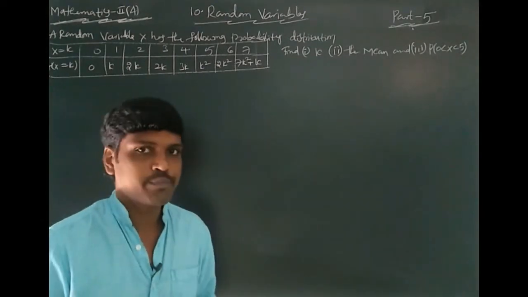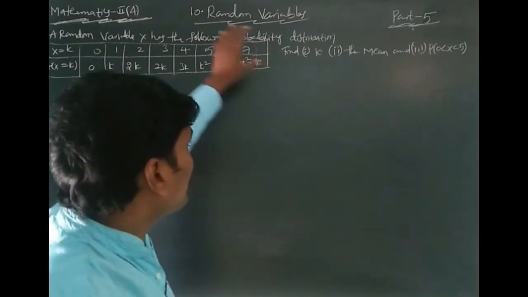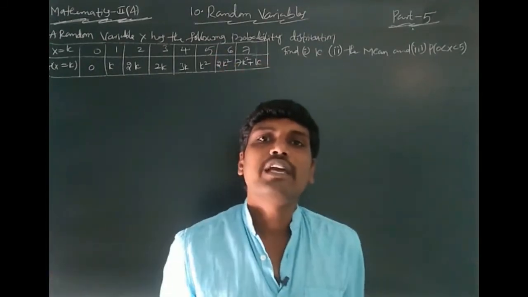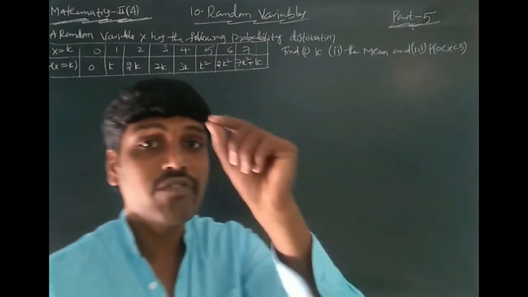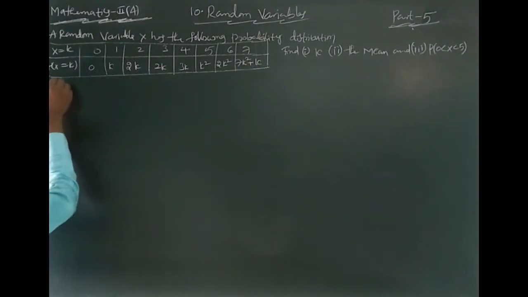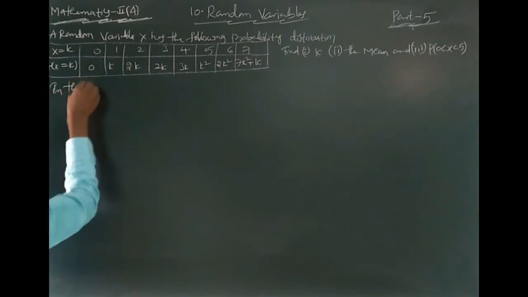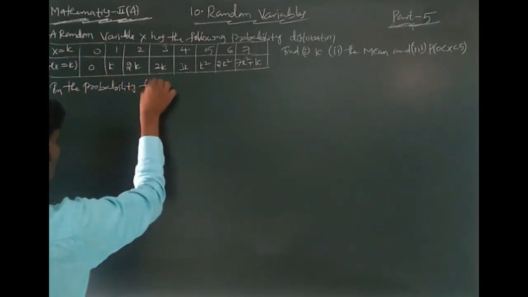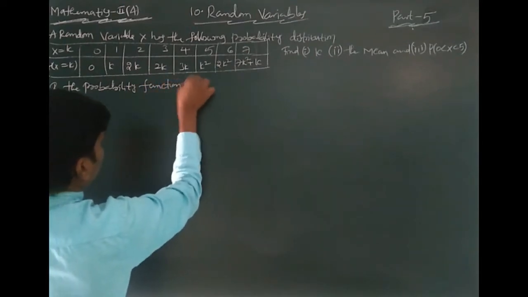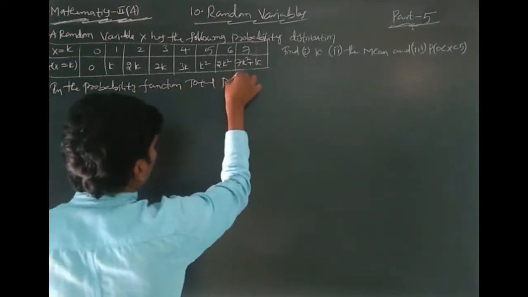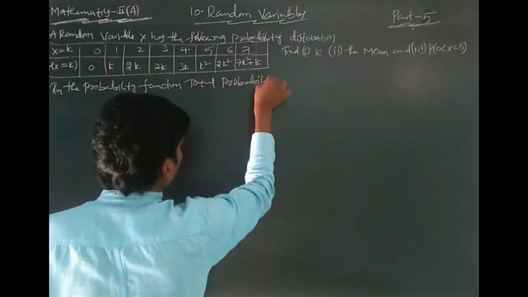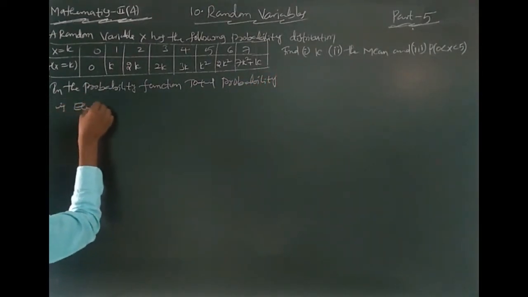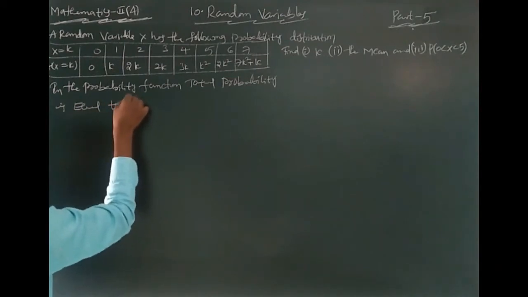See students, in this model problem, for the probability function, the total probability is equal to how much? 1. This is a very key point. First of all, you write in the probability function that the total probability is equal to 1.